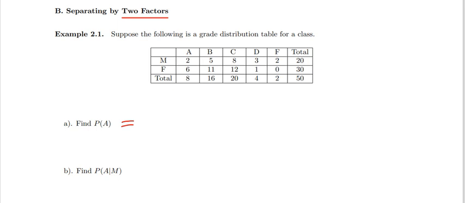Suppose we pick one student, what is the chance that we get an A? We can also understand a probability as a percentage for getting A. So totally we have 50 students. We don't care male or female. And so totally how many get A? Get A with 8, right?